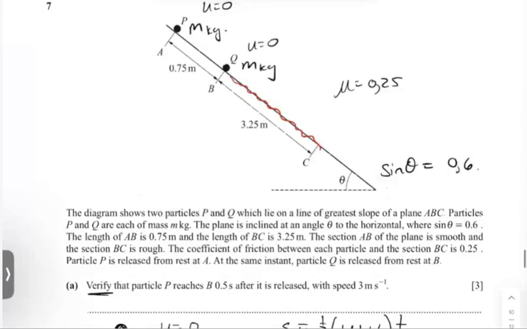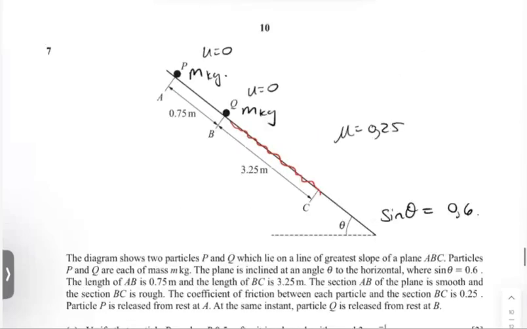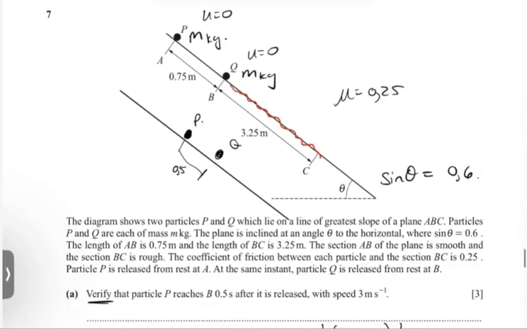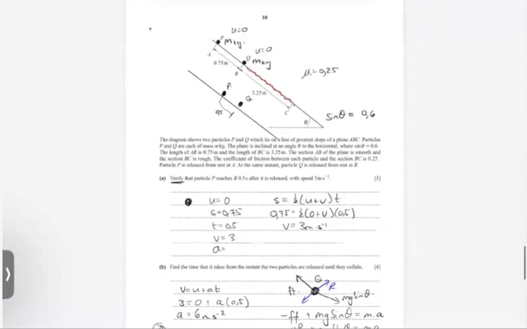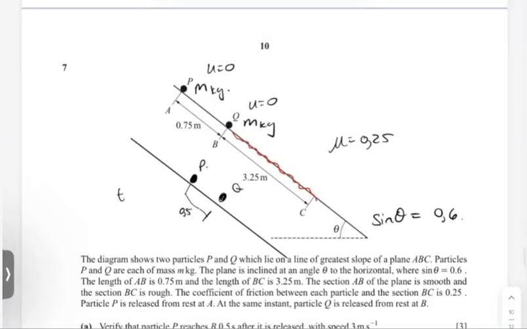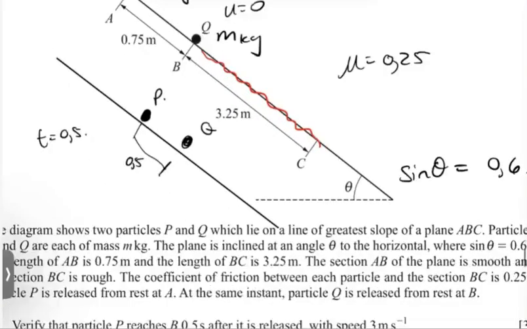Okay, right, so I'm just going to redraw this. At a certain point, when P is now here, Q has already moved 0.5. So this is Q, and that's P. Find the time it takes from the instant the particles are released. So this is 0.5 seconds later.